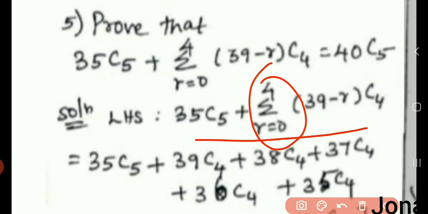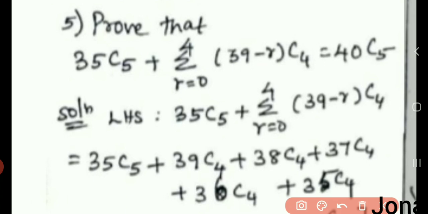I have 35C5 already. If r equal to 0, I have 39C4. If r equal to 1, I have 38C4. If r equal to 2, I have 37C4. If r equal to 3, I have 36C4. Plus the last term, 35C4, equal to, we want to prove, 40C5.